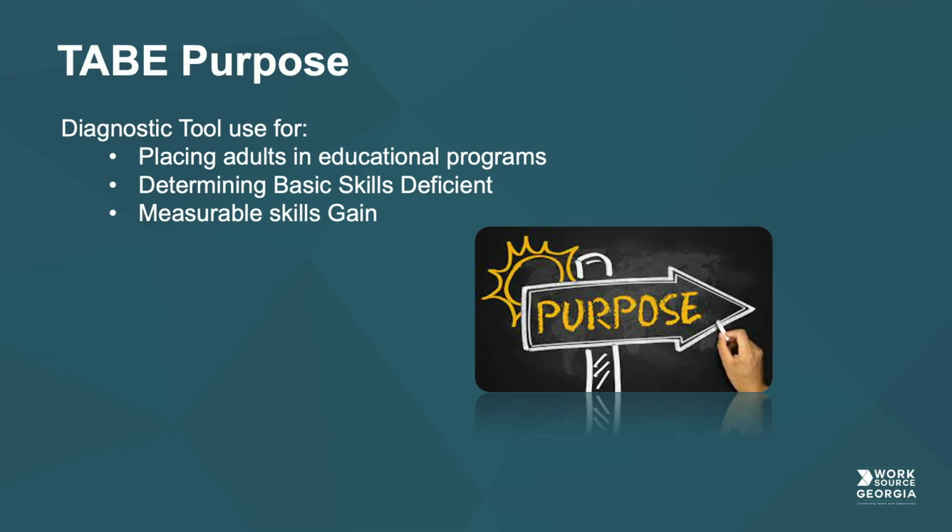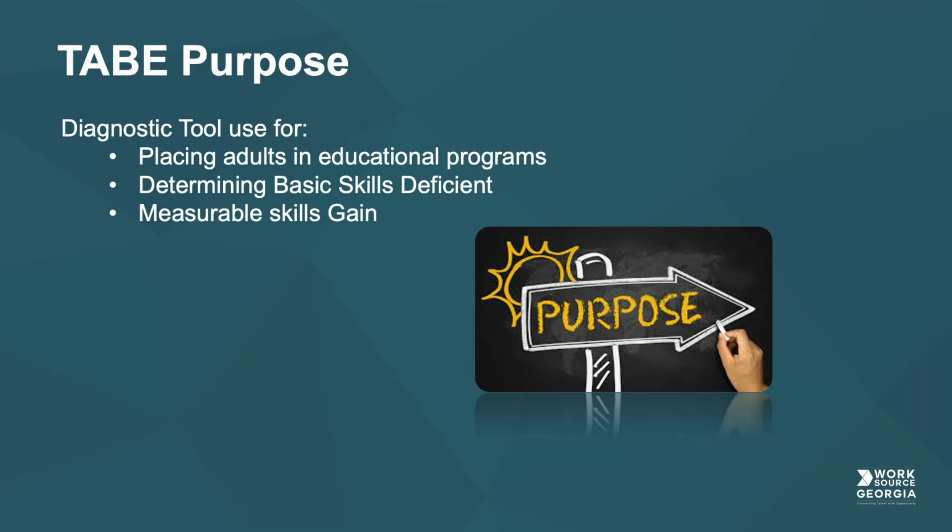Although we have other approved tests like the BEST and CASAS, TABE is the most commonly used. TABE can also be used to assess measurable skills gain. By doing that, you administer a pre-test before the individual actually receives services.